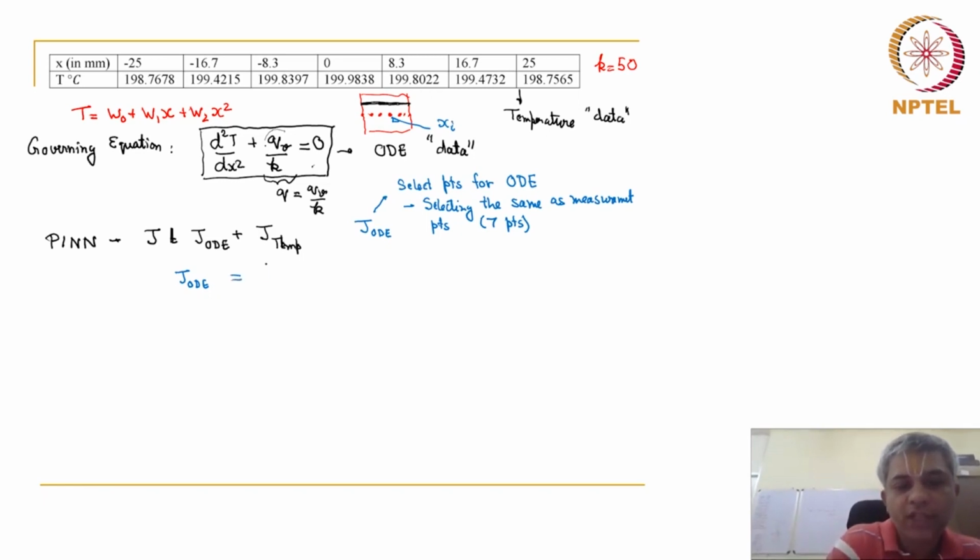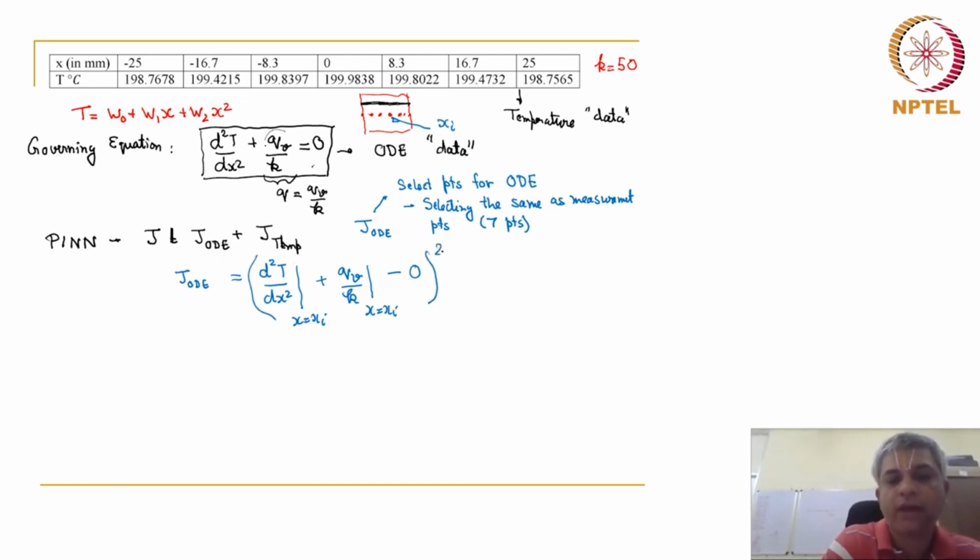J ODE says d square T dx square at x equal to xi plus qv by k, this also should be at x equal to xi, minus 0, square.